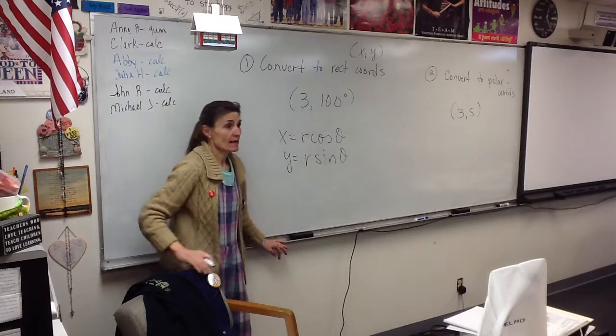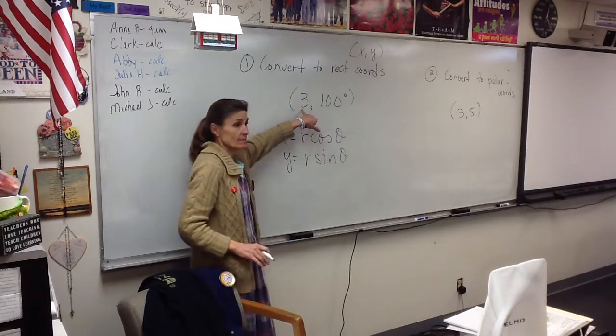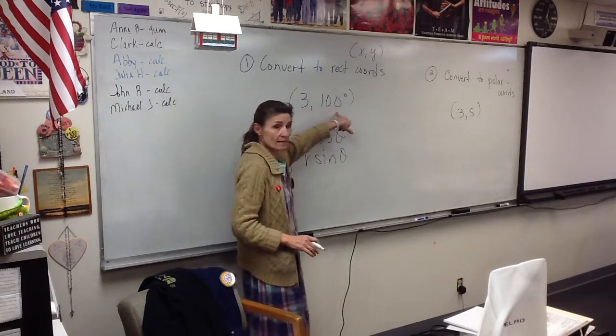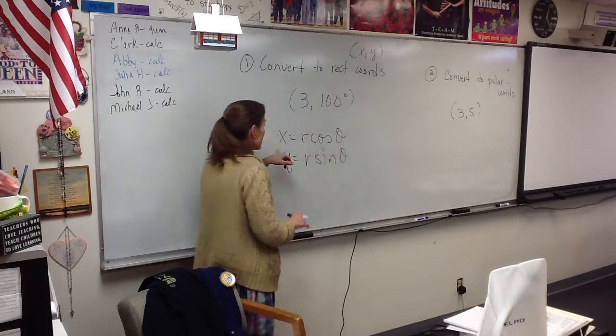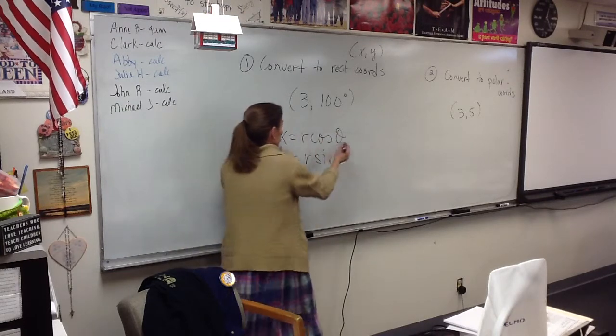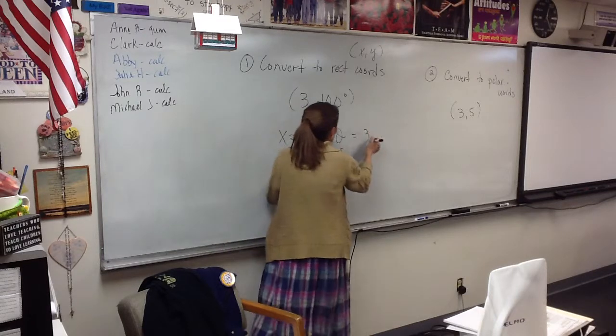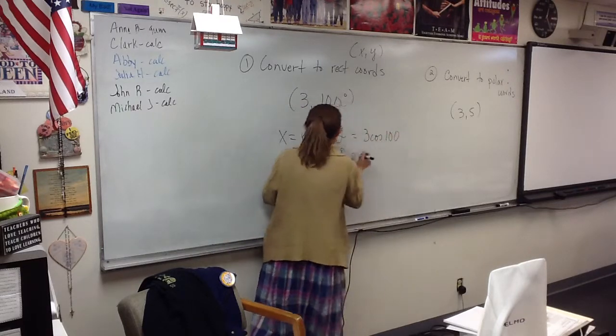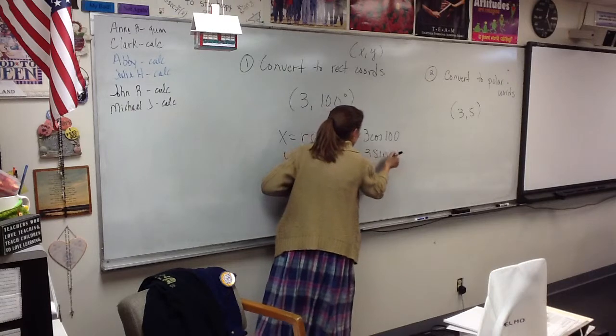What is this? R. What is this? Theta. So it's just a matter of typing it in on your calculator. X equals 3 cosine 100 and Y equals 3 sine 100.